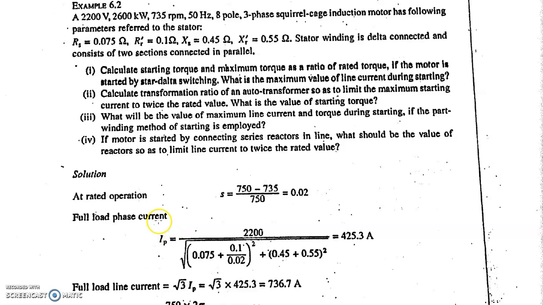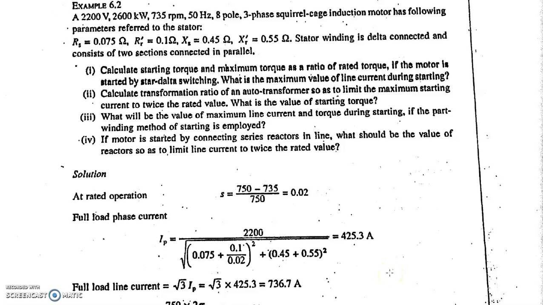Second, the full load phase current. We have to calculate the full load phase current IP. The value of IP is V upon the square root of (RS plus RR dash upon S) plus (XS plus XR dash) whole squared. This is the formula of phase current.